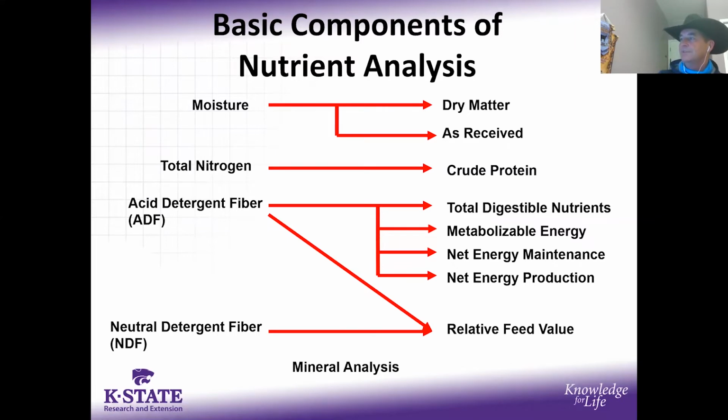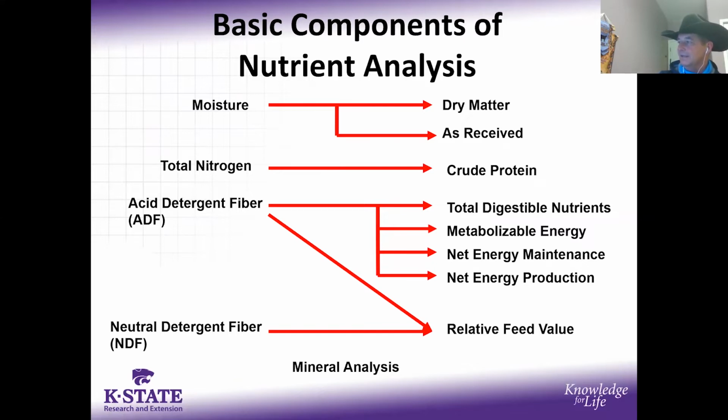So about 80% of what you're going to want to know on a report is broken into basically four components. We've got moisture, and we're talking about moisture as dry matter and as received. We've got total nitrogen, which is used to calculate the crude protein. We've got ADF, which is acid detergent fiber.